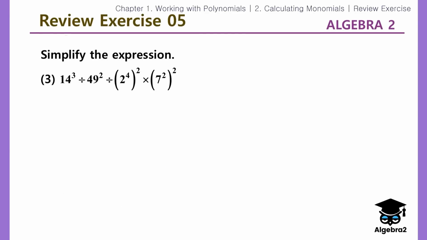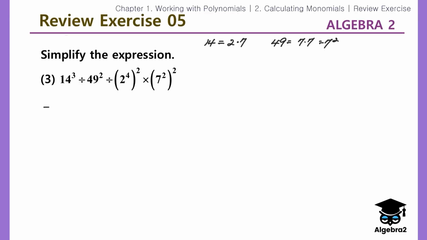Number 3. Just like number 2, these two numbers are not prime numbers. So we're going to have to rewrite these two numbers as a product of prime numbers. So 14 is equal to 2 times 7, and 49 is equal to 7 times 7, which is equal to 7 squared, right?